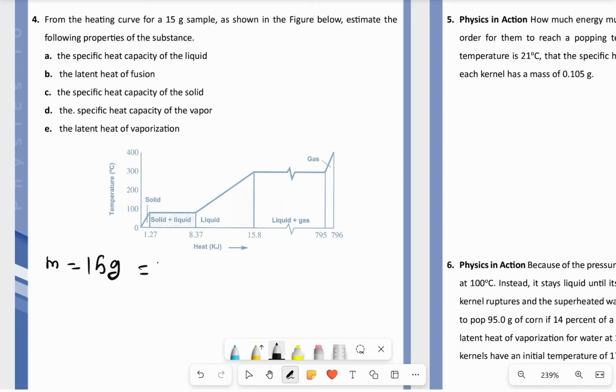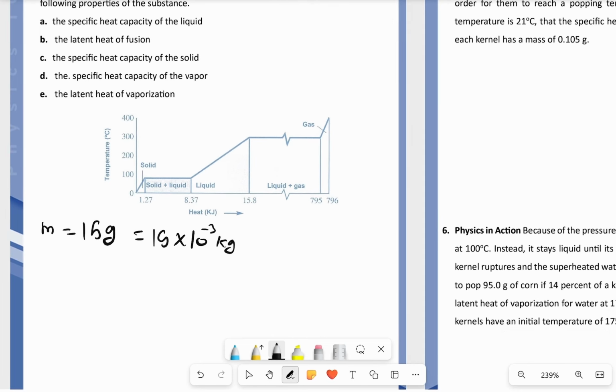Change it to kilograms. It's going to be 15 times 10 to the power of minus 3 kilograms. Now, something really important is that this is given in kilojoules. Kilo basically means 10 to the power of 3, so this is going to be 1.27 times 10 to the power of 3. From this side, we have temperature from 0 Celsius to 400 Celsius.